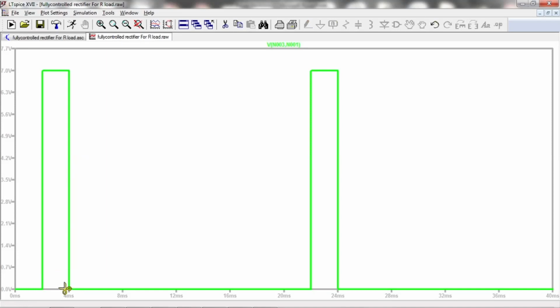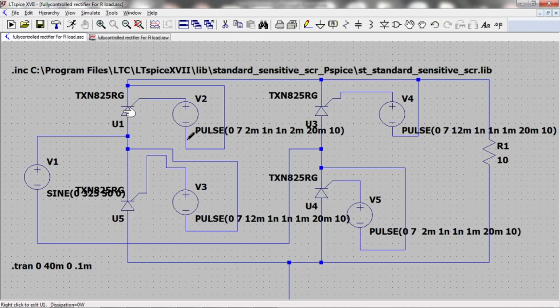In SCR we have learned that there is no requirement of continuous gate supply. We should give supply to the gate until the current is more than the latching current, then it goes to 0 and remains at 0. After 20 milliseconds, see, this is at 2 milliseconds, this is at 22 milliseconds, one more pulse comes. Why? Because the same SCR works once again in the next cycle.